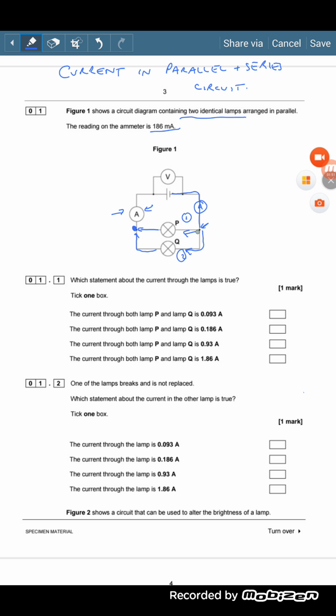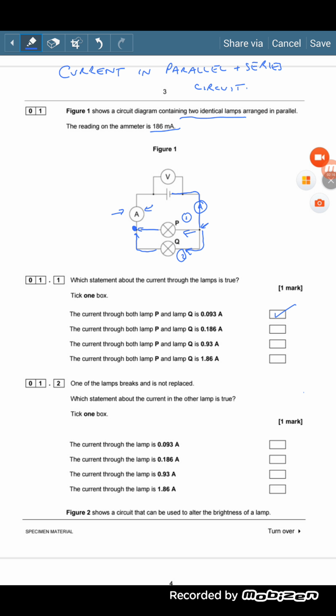And so we know that all of the electrons together give a current of 186 milliamps. And so because half the electrons went to P, half the electrons went to Q, but the total current is 186, it's 186 divided by 2. So the answer here is that both P and Q would have 0.093.